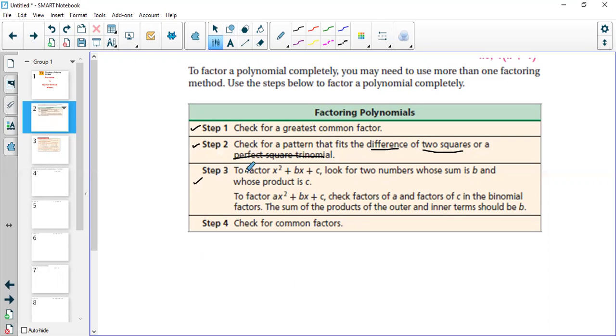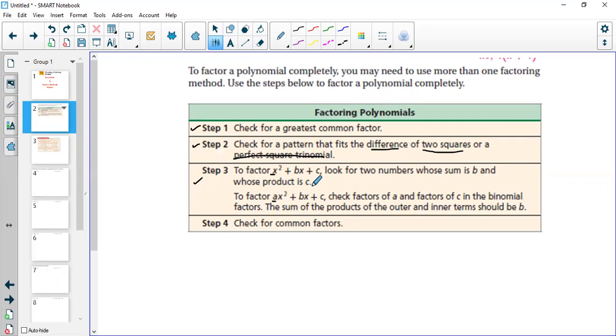Step number 3, to factor x squared plus bx plus c, look for two numbers whose sum is b and whose product is c. We have done this in lesson 4. When you want to factorize a trinomial in this form, we have to find the factors of c which would give us the value of b.